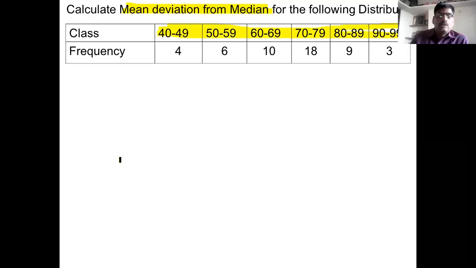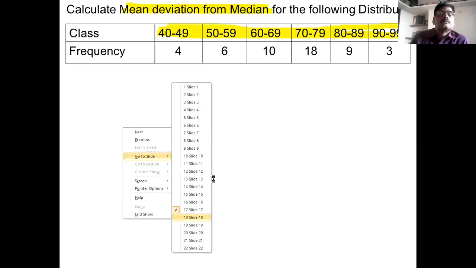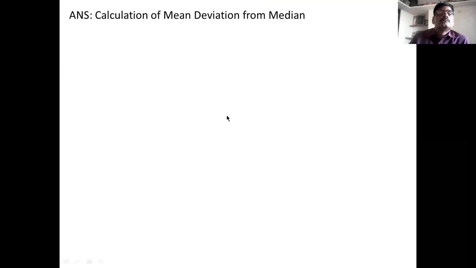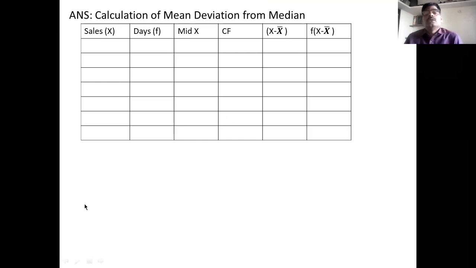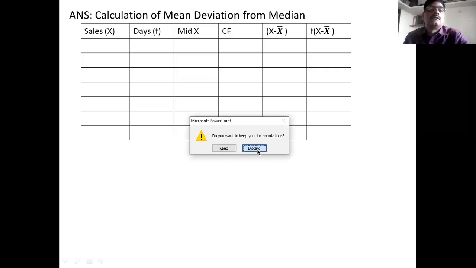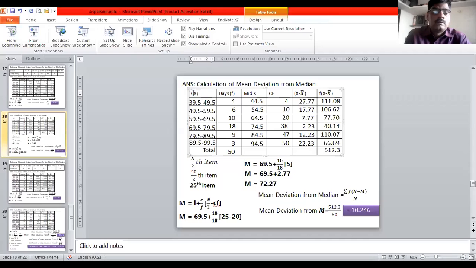Okay, you see here. Calculation of mean deviation from median. This is the table. I'll take the class here, and this is f, which means frequency.